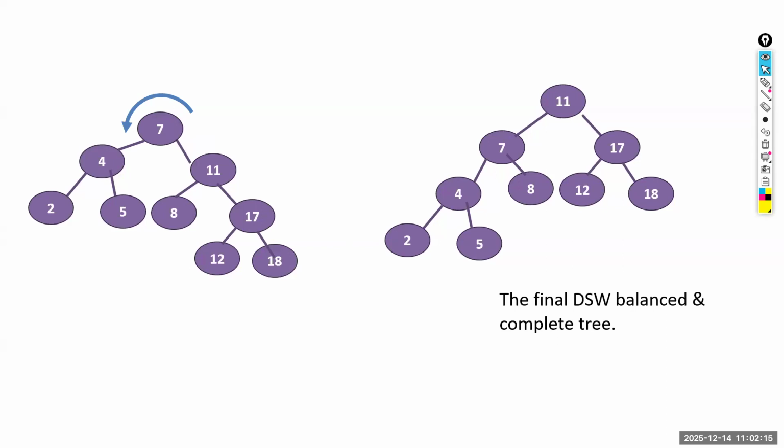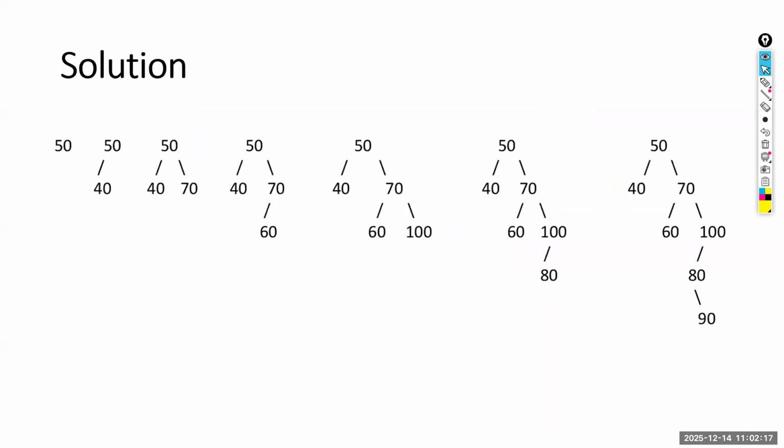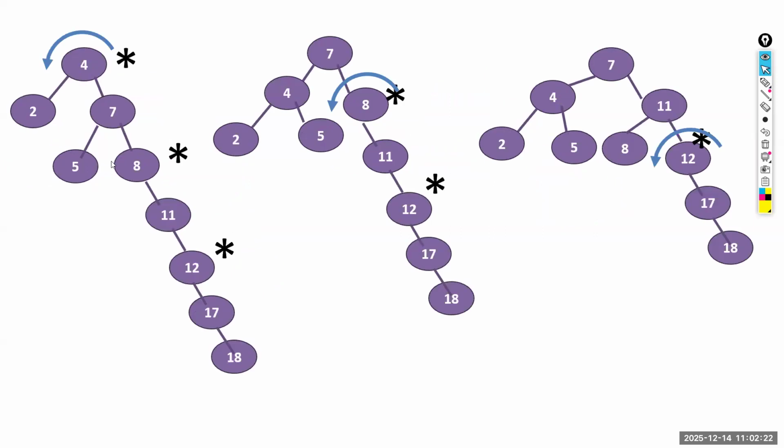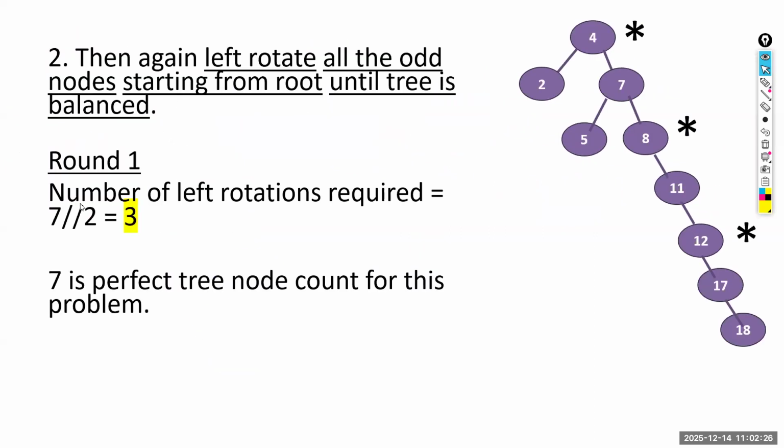Now if you are wondering where do we stop, or how many rotations we do here in the first stage, the number of rotations required is this. Now we have 7 nodes: 1, 2, 3, 4, 5, 6, 7.